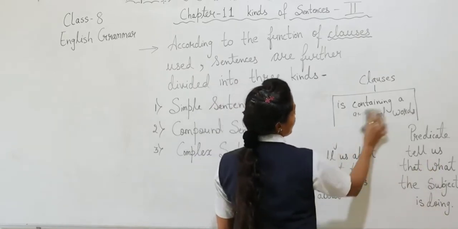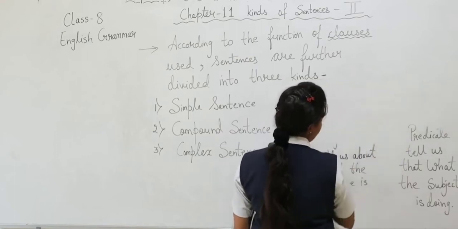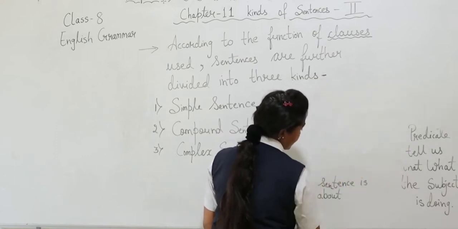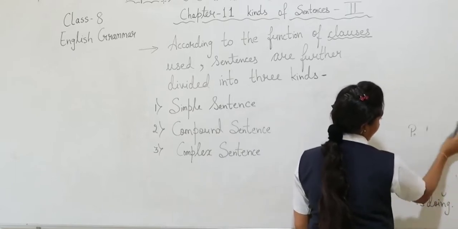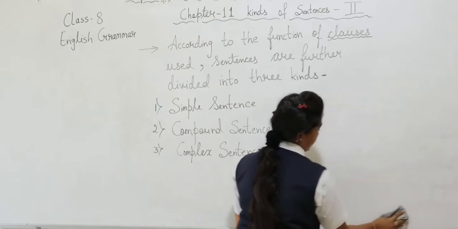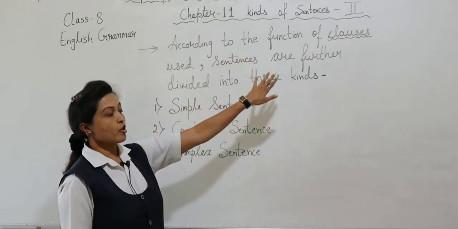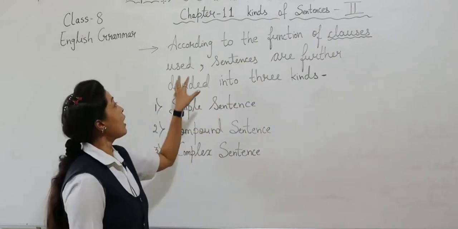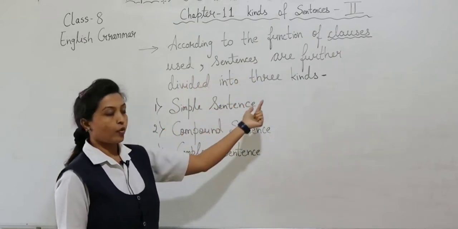So, now you are clear with the concept of clauses, that a clause is a group of words containing subject and predicate. Now, here according to the function of clauses used, sentences are further divided into 3 kinds.